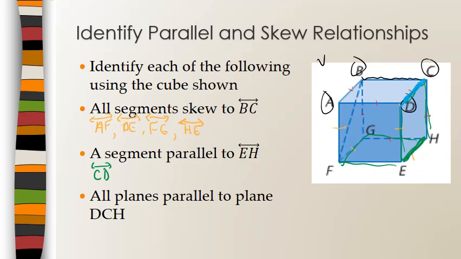And AB could be parallel to EH, and right here, FG could be parallel.